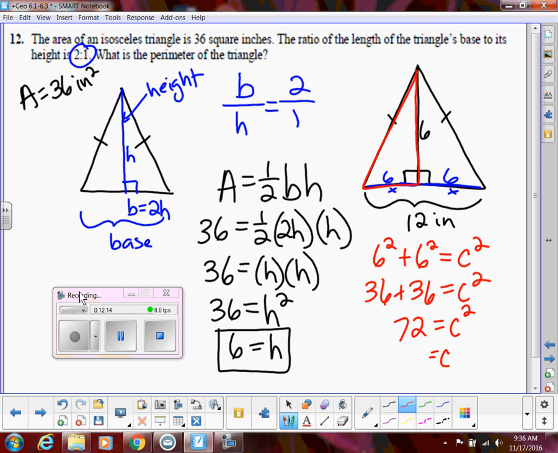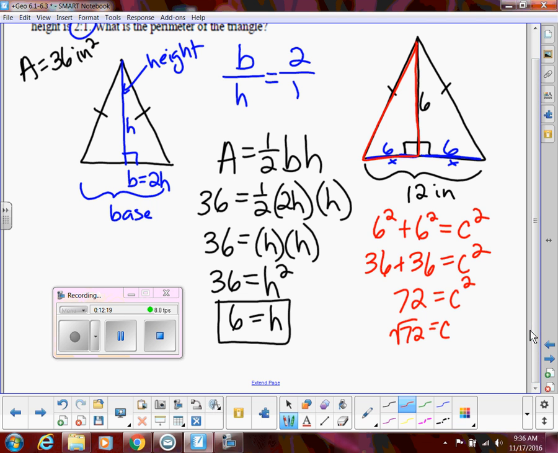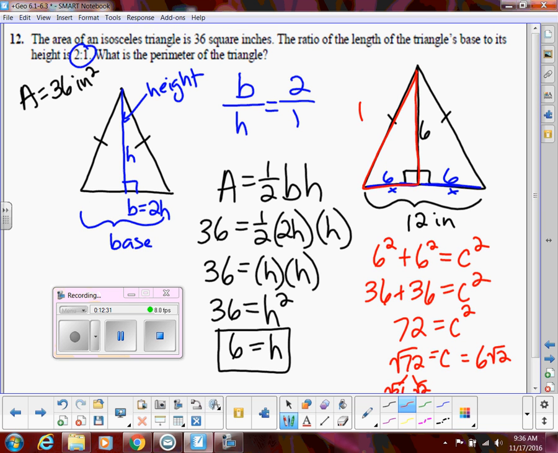So we're going to get the square root of 72. And if we simplify that a little bit, this breaks down into the square root of 36 times the square root of 2. So this is going to be 6 root 2. Okay, so all these 6's everywhere. So I got 6 root 2 for this hypotenuse, and I would get the same thing over here, right?